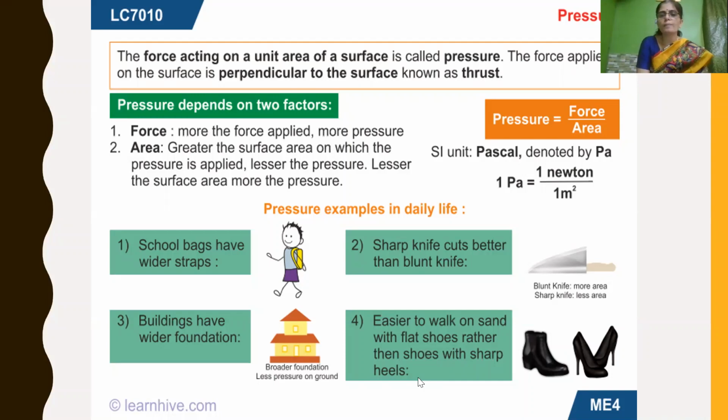Got it? The SI unit of pressure is Pascal, and it is denoted by Pa. Or you can say the unit of pressure is Newton per meter square. We know that the unit of force is Newton and the unit of area is meter square, therefore the unit of pressure is Newton per meter square. Got it, children?